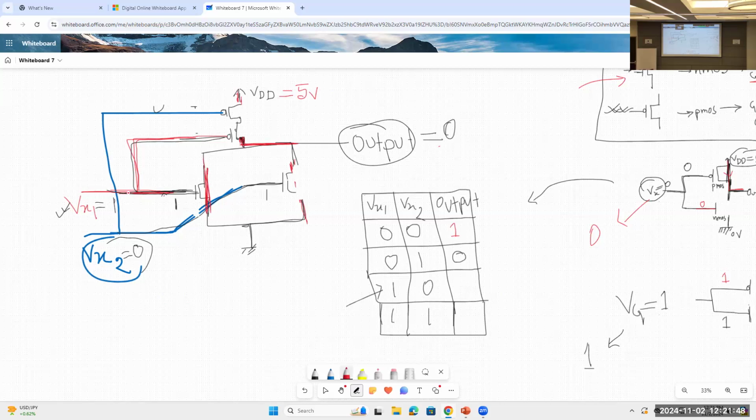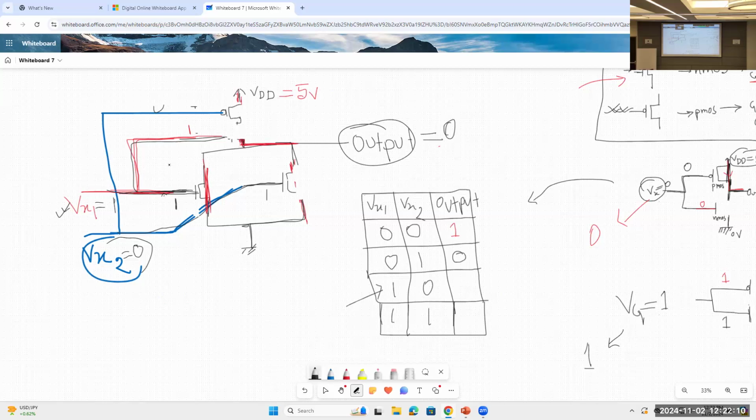And the same 1 is going to this PMOS as well. If the PMOS gets 1 as input, it will be turned off and disconnected. So let me just erase that.